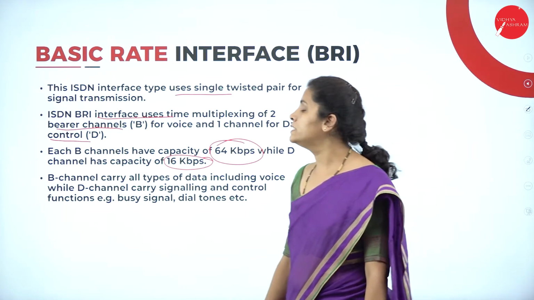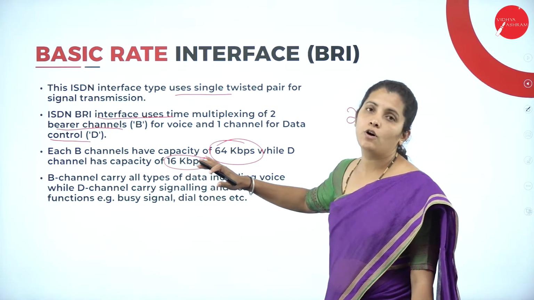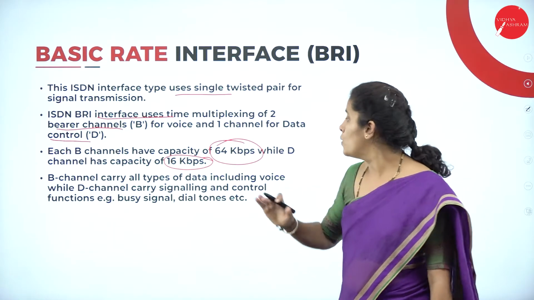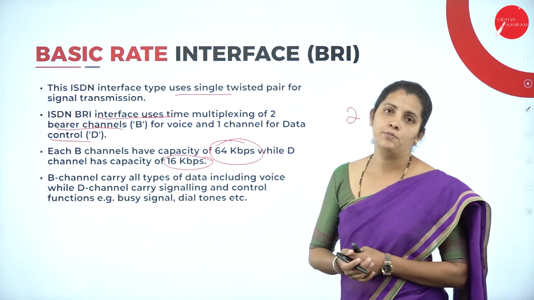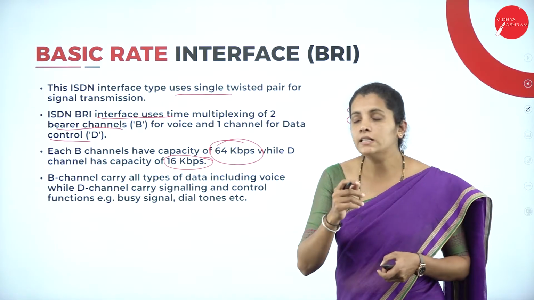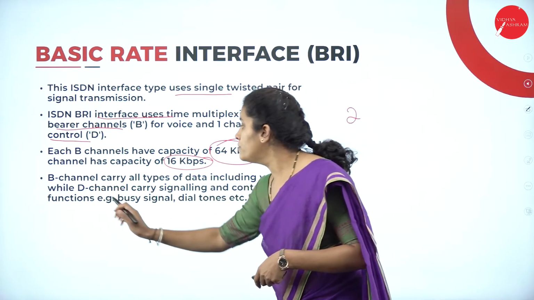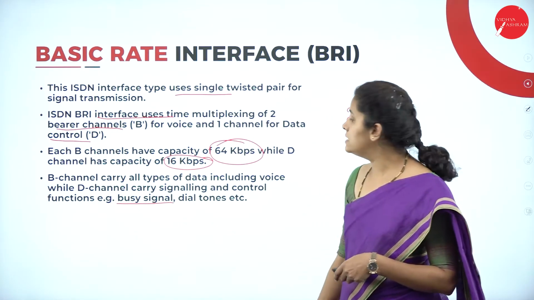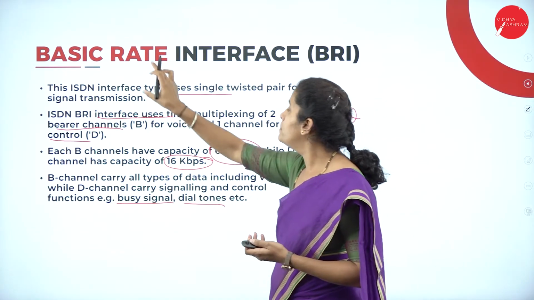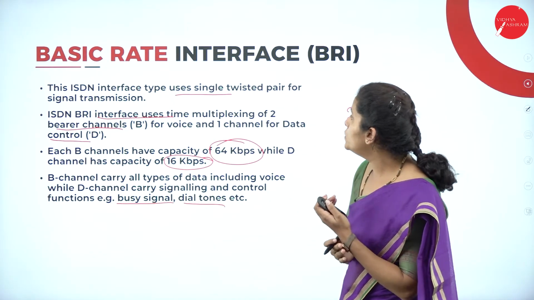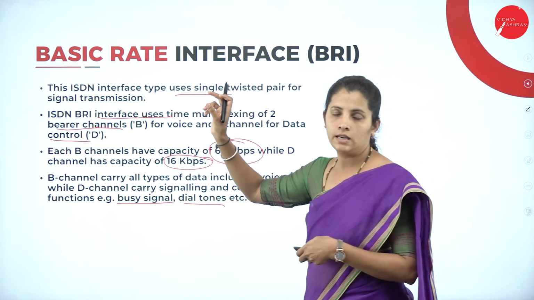The B channel carries all types of data and is also responsible for carrying voice data, whereas the D channel is responsible for carrying signals as well as control functions. Here the control functions may be a busy signal or dial tone, etc. So in BRI, we are going to use a single twisted pair cable for signal transmission.